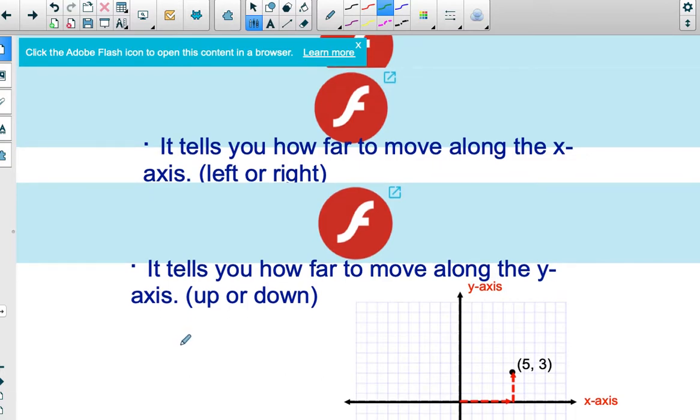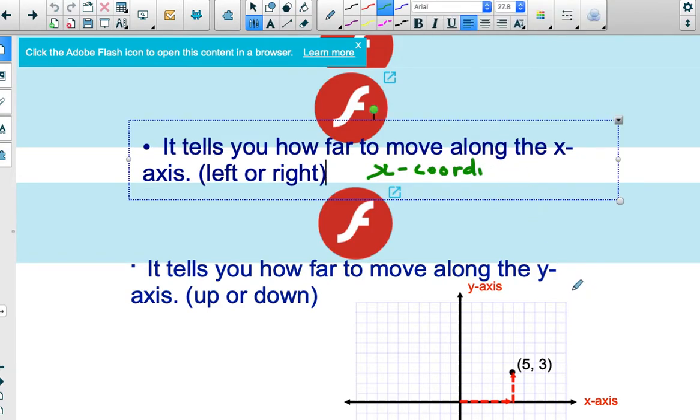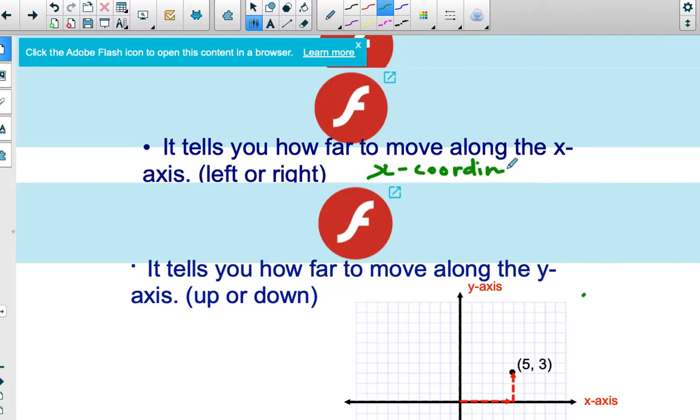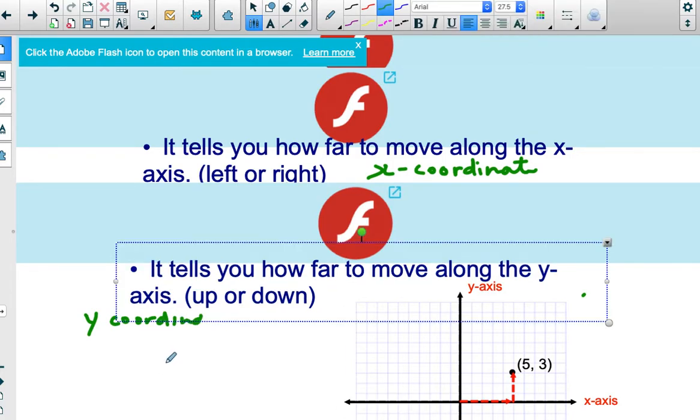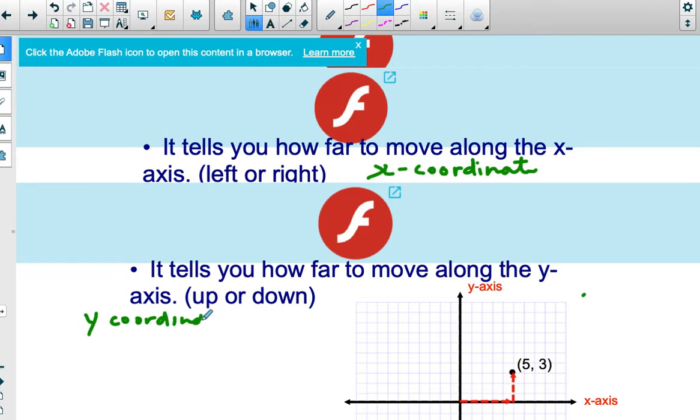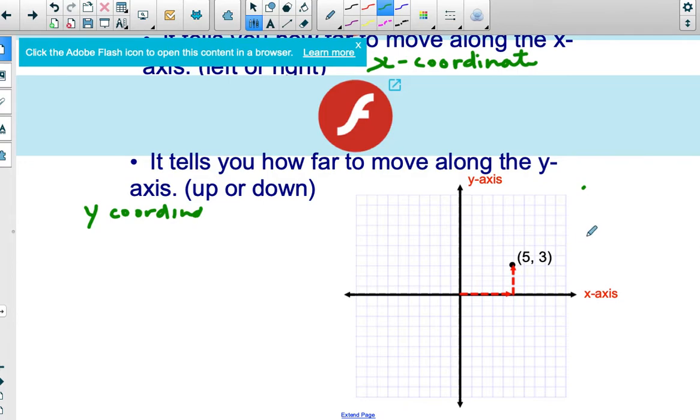All right, so it tells you how far you move along the x-axis, and that would be the x coordinate. And it tells you how far to move along the y-axis, that would be the y coordinate. So as I mentioned, what we have here is what's called an ordered pair.